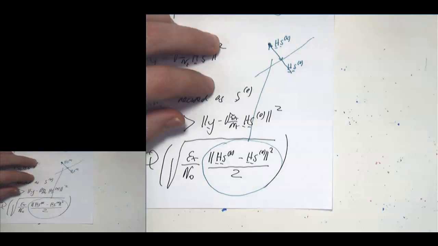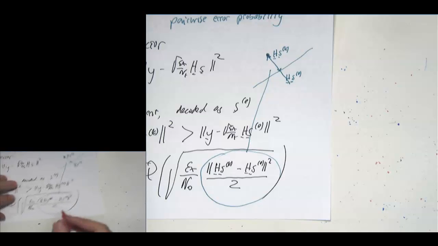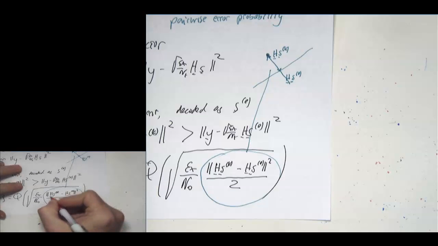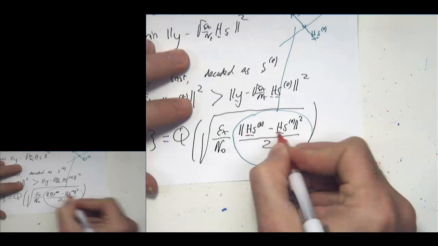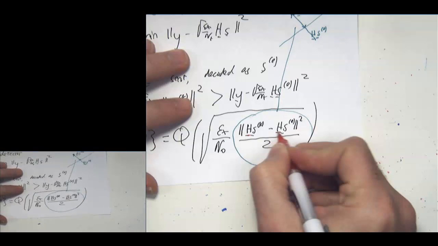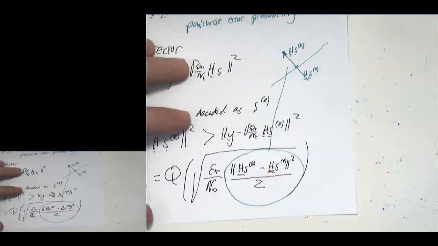Now, the other thing to notice about this equation is that I've been very careful to leave the h inside here, because the distance between two vectors changes if you multiply each of those vectors by another matrix.